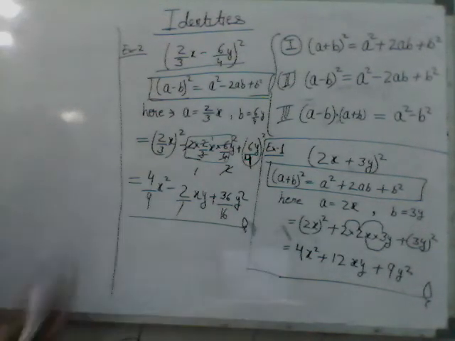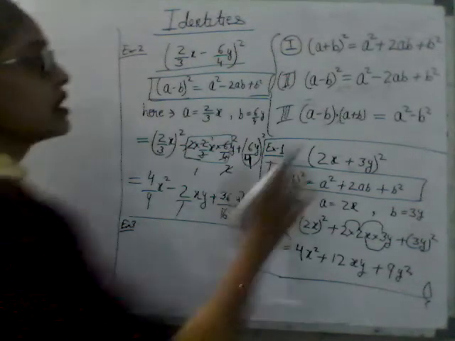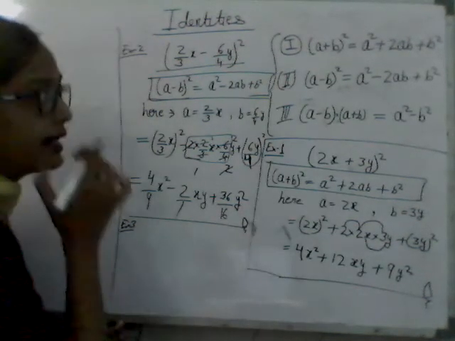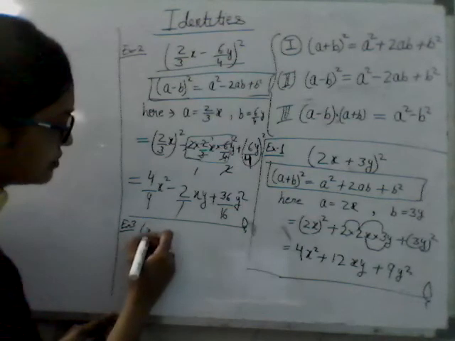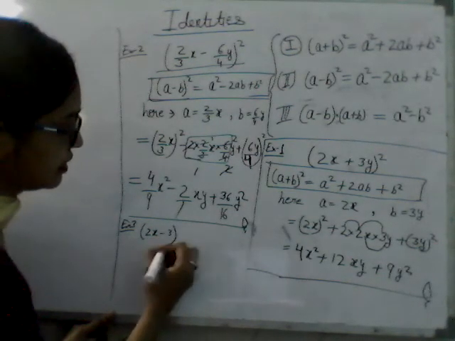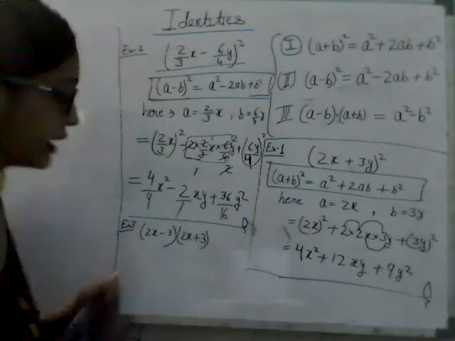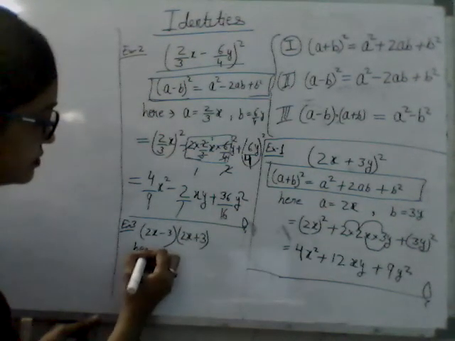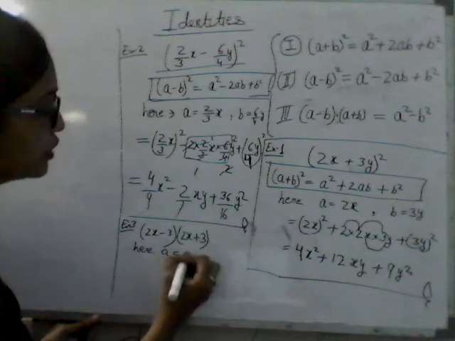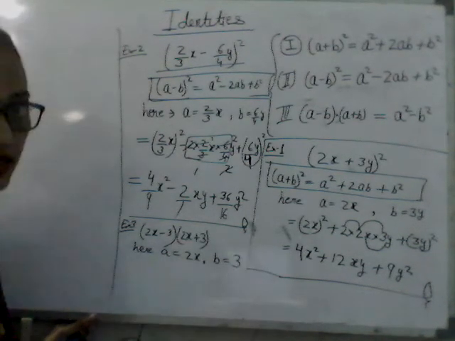Now take some examples. Example number 3, by using the third identity. Let's suppose (2x minus 3) and (2x plus 3). Here a equals 2x and b equals 3.